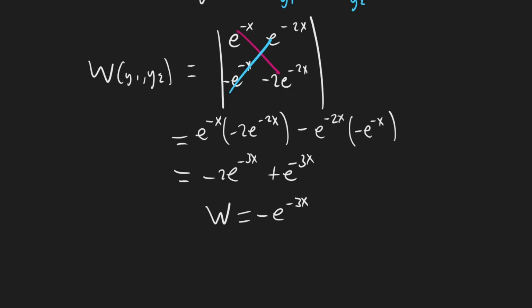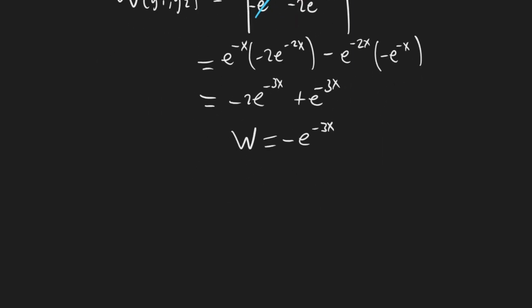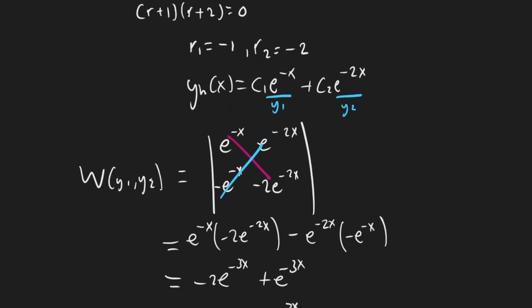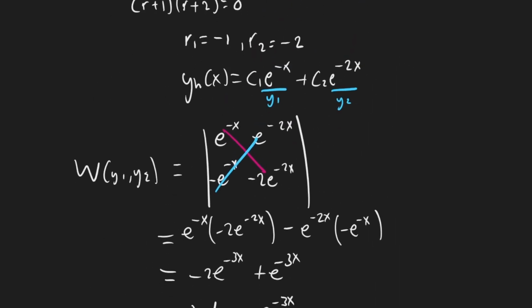And once we have the Wronskian, we can go ahead and solve for u1, u2, which are the components of the particular solution. So if you remember, u1 equals the negative integral of y2 g of x dx over the Wronskian. So what's y2? Well, we defined it right up above, right? It's e to the -2x.